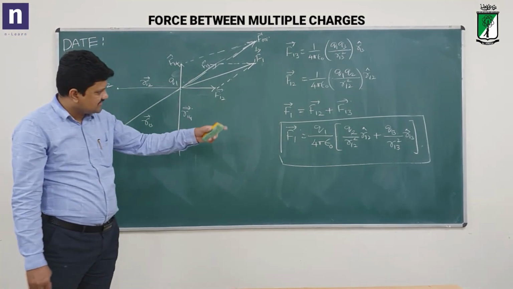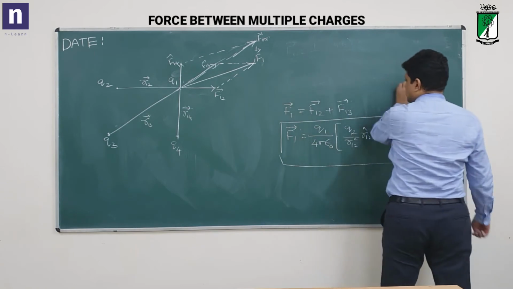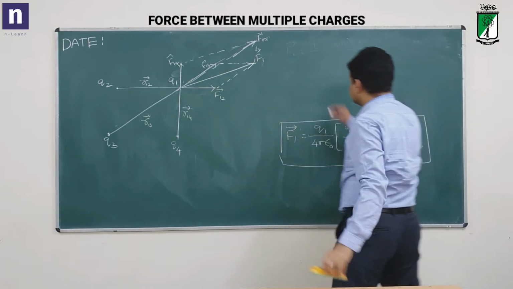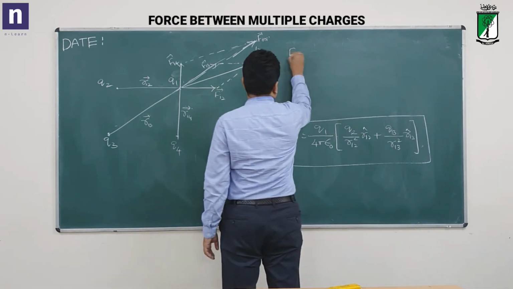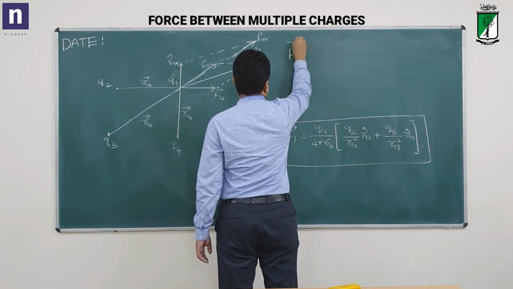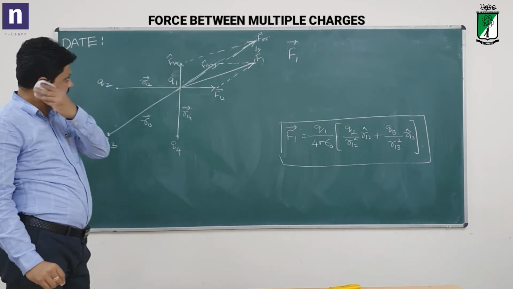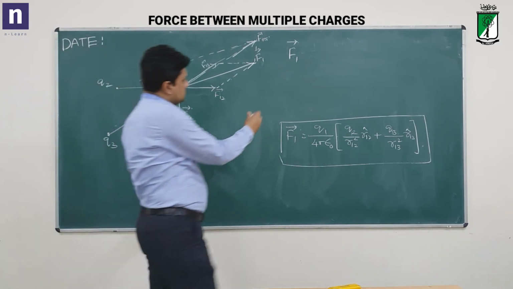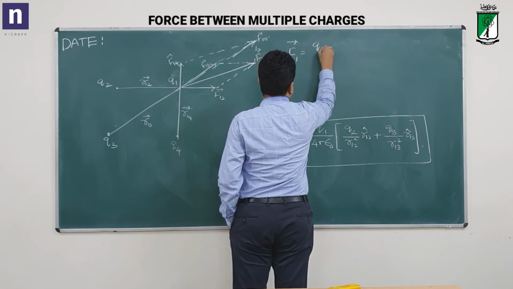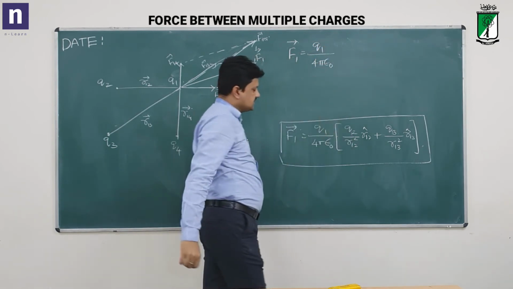Now how do you extend this equation for n number of charges? So let me just remove this and I will write the final expression here. So the net force on charge F1, say something like this, is equal to, now what is here, Q1 divided by 4 pi epsilon naught as it is.